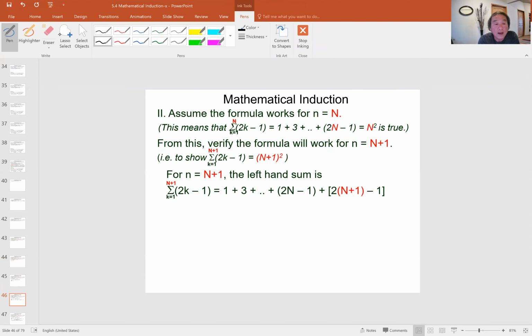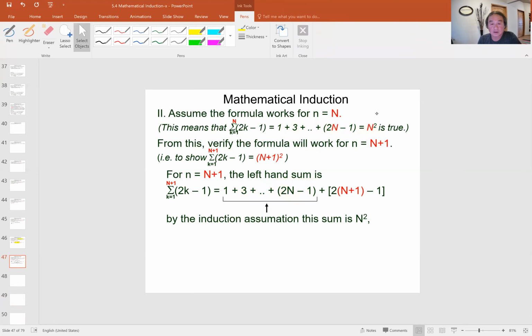Here is where the old pattern is, up to here. We know that's n squared. So that sum can be calculated as n squared. This is why I use this assumption. Assume this works up to this point.